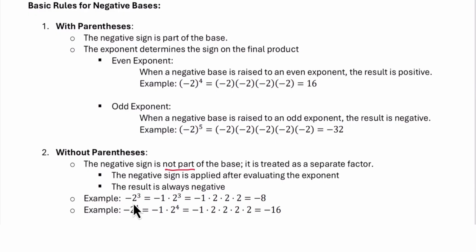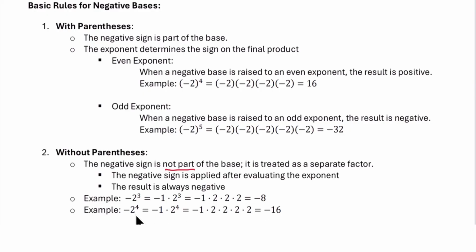Notice that the parentheses are not here, whereas up here we had parentheses around the negative 2. Here we do not. So negative 2 is not the base, 2 is the base. Think of it as negative 1 times 2 cubed. The negative is on the outside. So we have negative 1 times 2 times 2 times 2, which is negative 8.